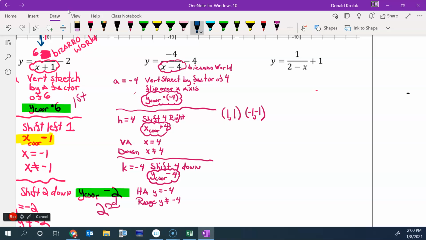That denominator represents shifting 4 to the right. So I'm going to do this one first. Then I'm left with these two. I have to do the one that uses multiplication before I do the one that uses addition or subtraction. So that's the order in which we're going to do this. Okay. Questions on that part?